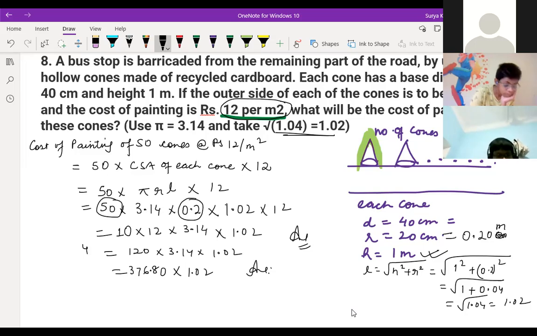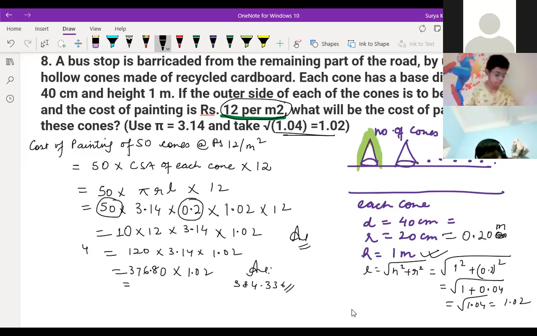Satvik, tell me the answer. What actually the textbook has given? 1 minute. So after multiplying, I am getting 384.336. Okay, check.